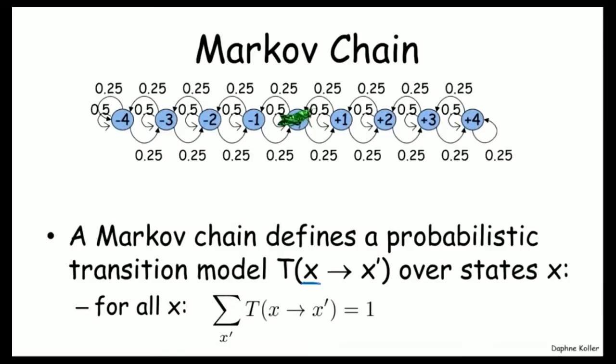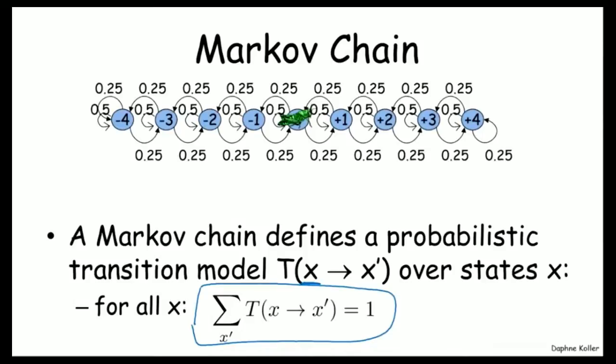And a Markov chain defines a probabilistic transition model, which, given that I'm at a given state X, tells me how likely I am to transition to a different state X prime. And that is a probability distribution as indicated in this formula here, so that for any X, the sum over the probability of the states to which you can transition is exactly 1.